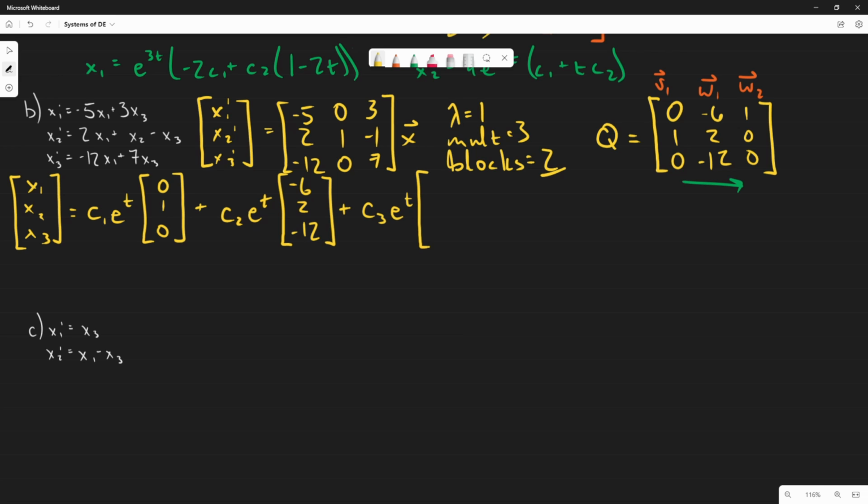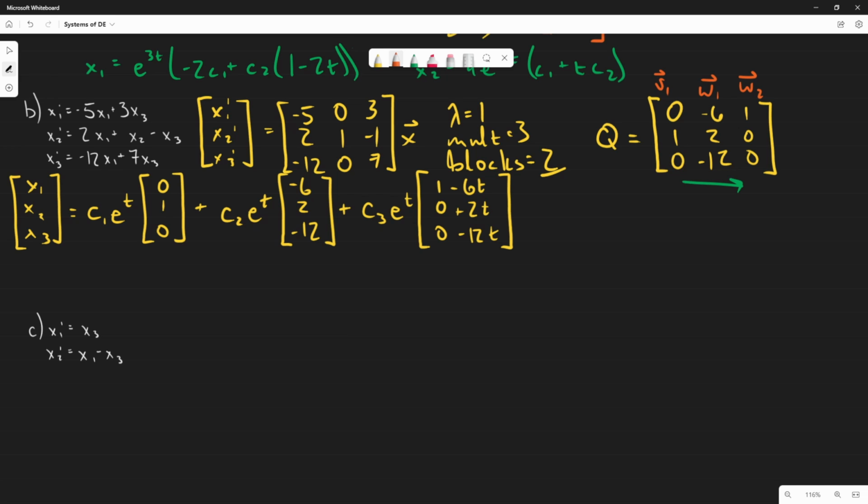And remember, it is going to be going downwards, so it'll be w2 and w1. So it'll be 1, 0, 0 plus t times w1. So this would be -6t plus 2t minus 12t. And so that will be our solution.